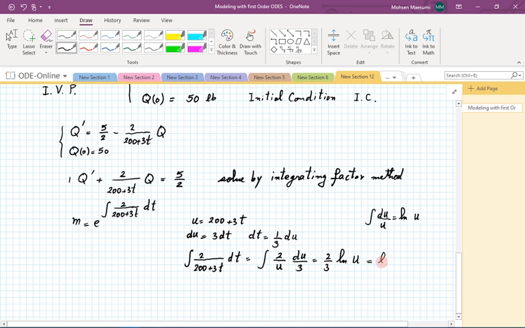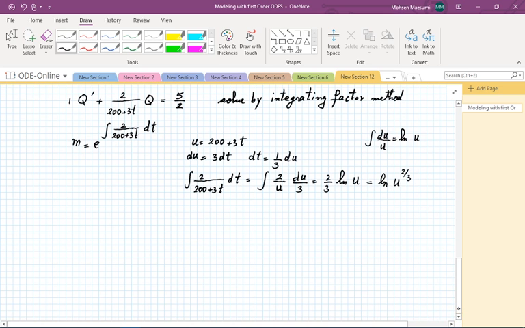Now remember, by the rules of logarithm, this can be written as logarithm of u to power of 2/3. That's going to be a crucial step there that we simplify. Now the integrating factor is exponential of that.